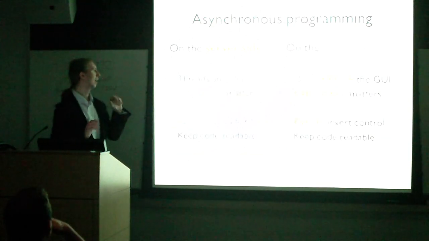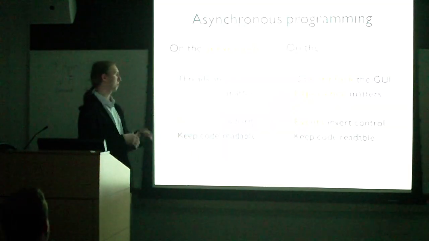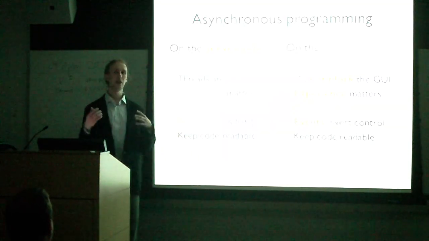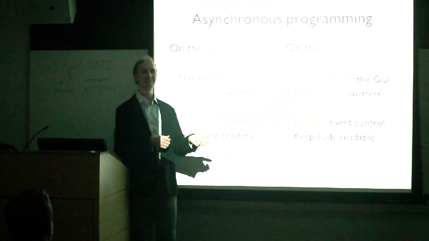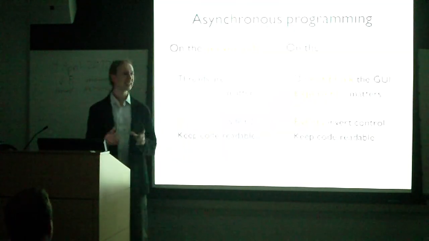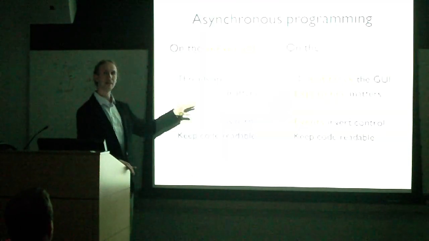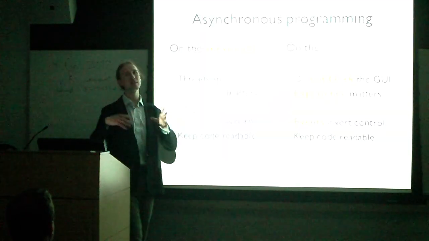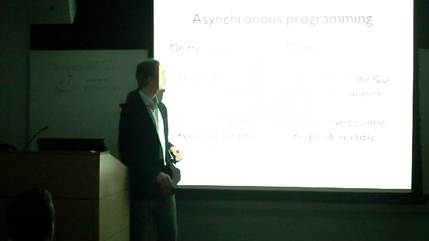So on the server side, you can use F# async to write scalable code that avoids blocking threads, which is one of the best ways to make your application not scalable. And it helps you write asynchronous code without this begin, foo, and end foo pattern, which is really a nightmare to program with.